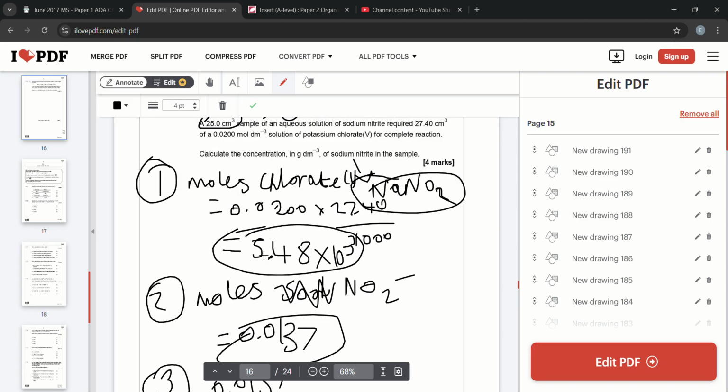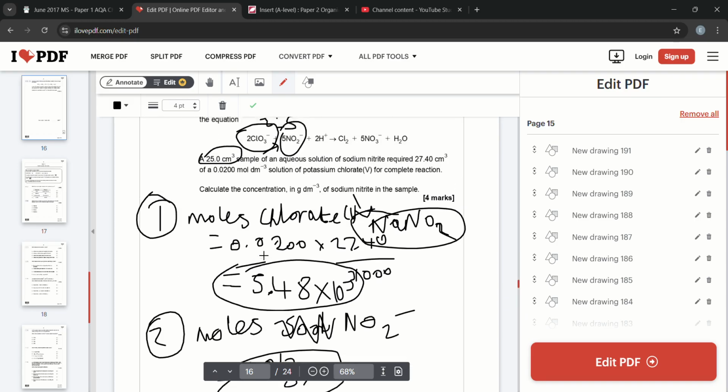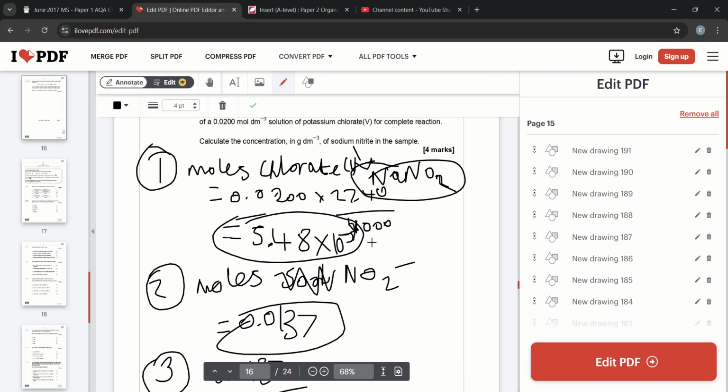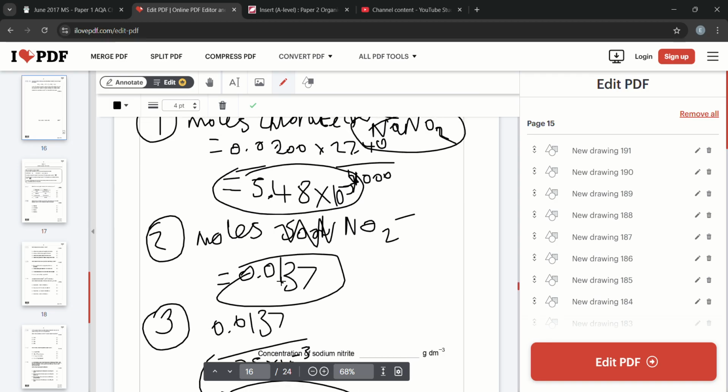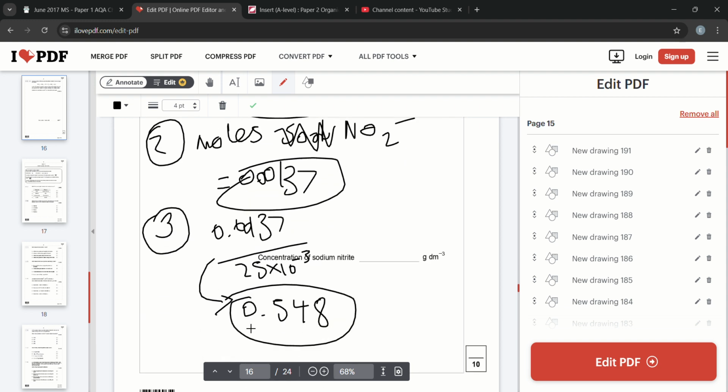Maybe I calculated the moles wrong. 0.0200 times by 27.40 divided by 1000 is 5.48 times 10 to the power minus 4. Okay, I must have just misplaced 100 instead of 1000 or something. But therefore, that's minus 4, so you get 0.00137.